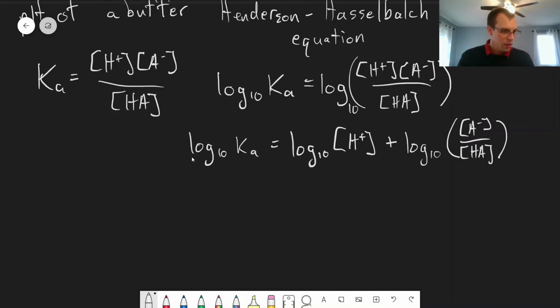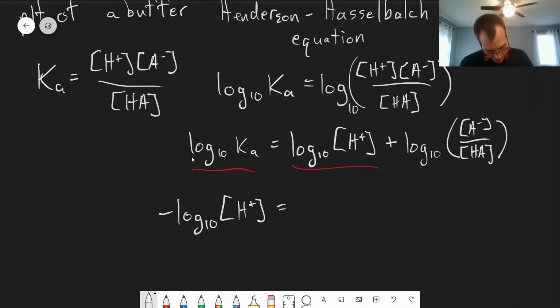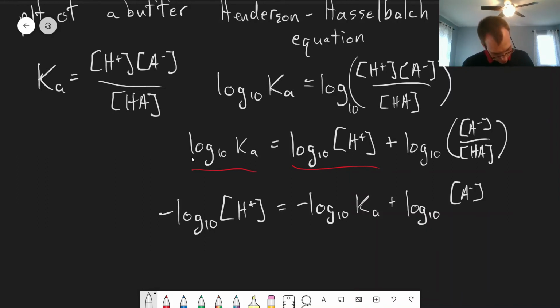All right, now let's swap sides for this term and this term. So we'll have negative log 10 of H plus, and now that should look like something that we're interested in. It's equal to negative log base 10 of Ka plus log base 10 of our same fraction, concentration of A minus over concentration of HA.